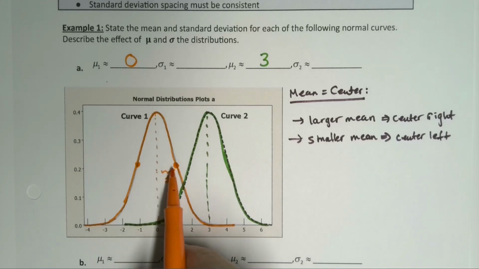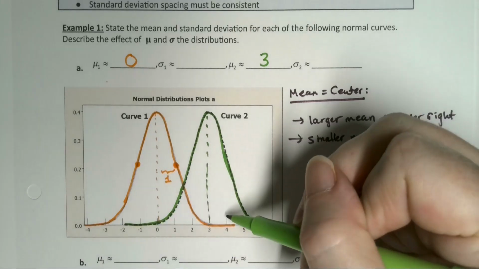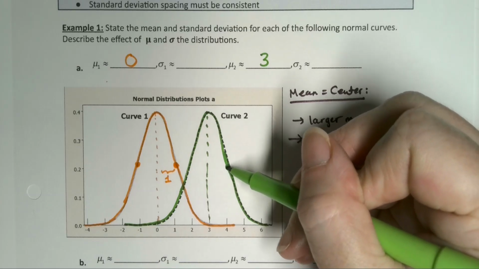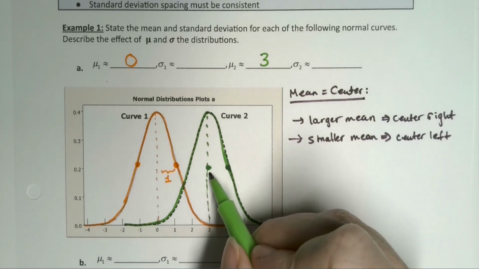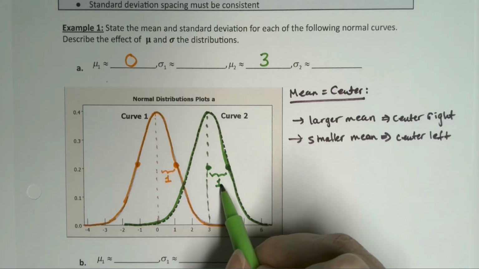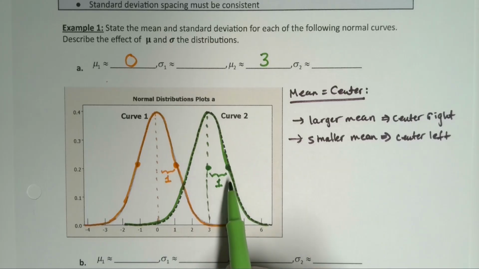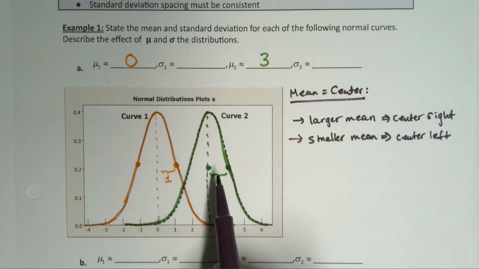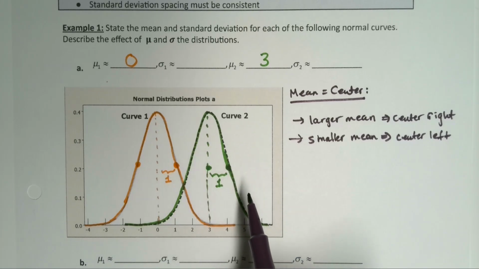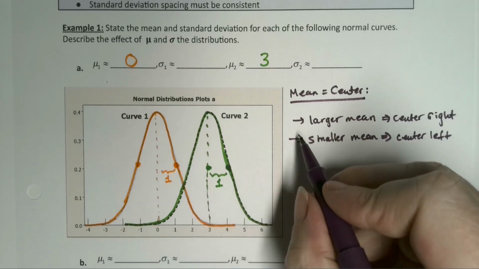So that's a standard deviation of 1. Similarly over here, the standard deviation is about 4, and that was about 3, and that's a distance of 1 from 3 to 4. So these two graphs had the same standard deviation, and you can tell that just by looking at them because they had the same spread. They had the same shape.